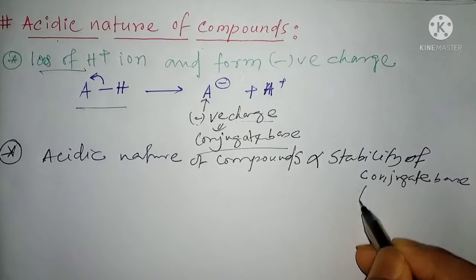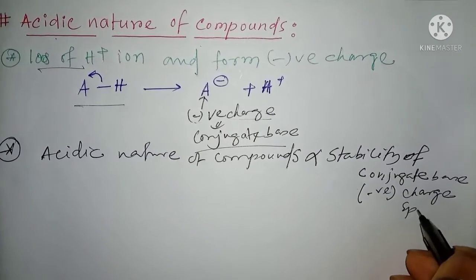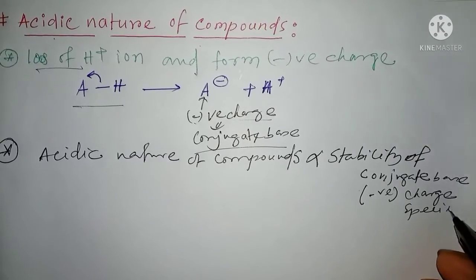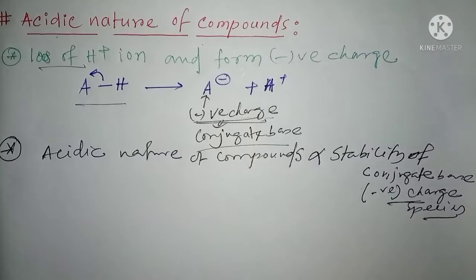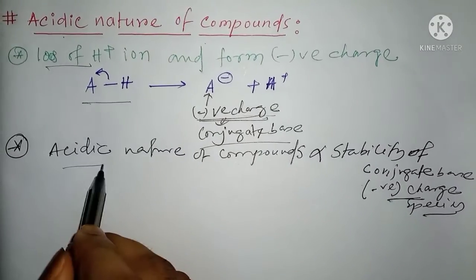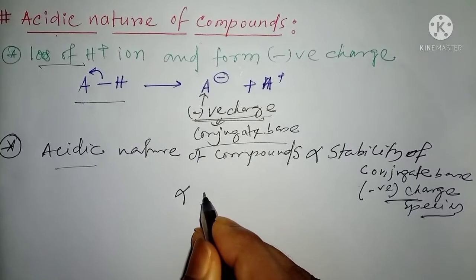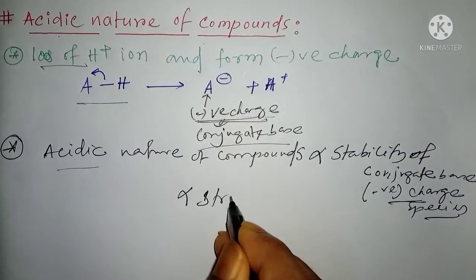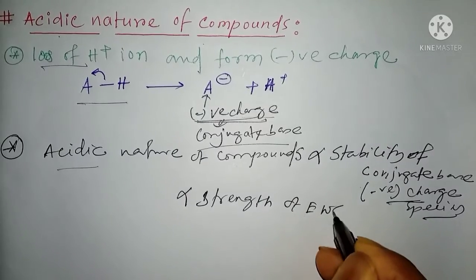Conjugate base means negative charge species. That means if negative charge species stability increases, acidity increases. And this is directly proportional to the strength of electron withdrawing group.